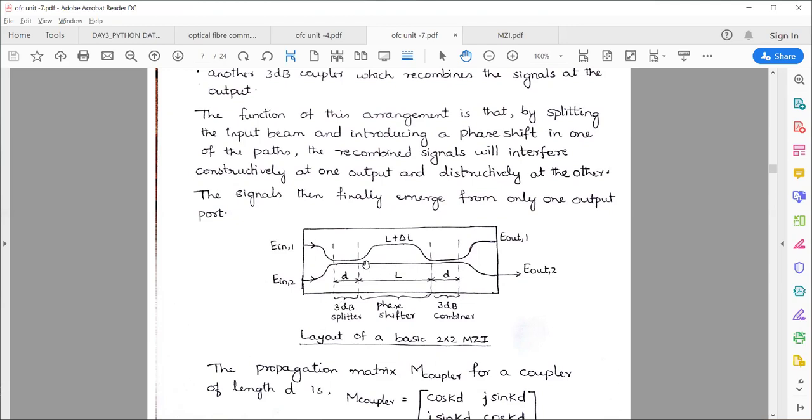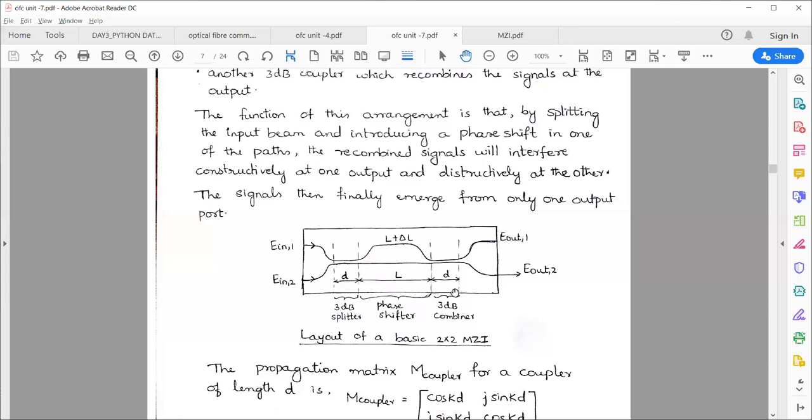One arm is of length L and the other arm is of length L plus delta L. This additional length delta L on the second arm introduces a phase shift onto the signal it carries, and that causes the third stage, the combiner, to make the signals interfere constructively at one port, say port 2, and destructively at the other port, that is port 1.